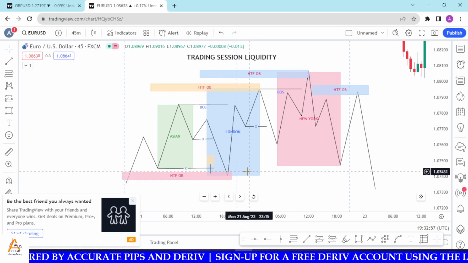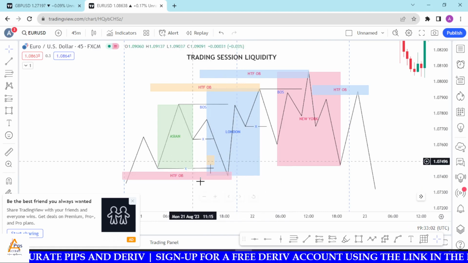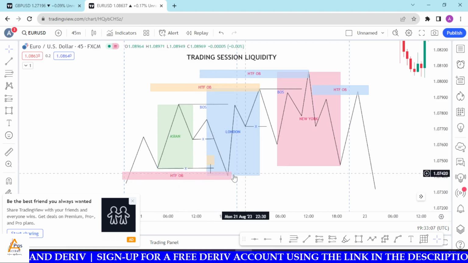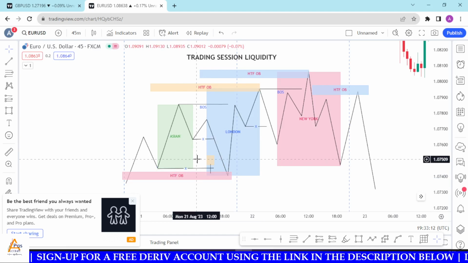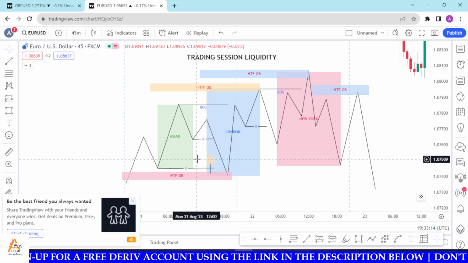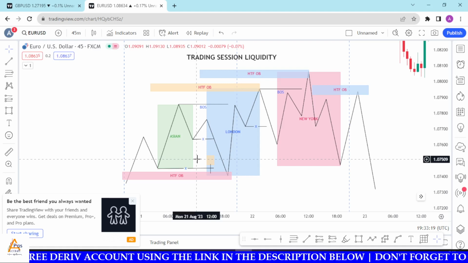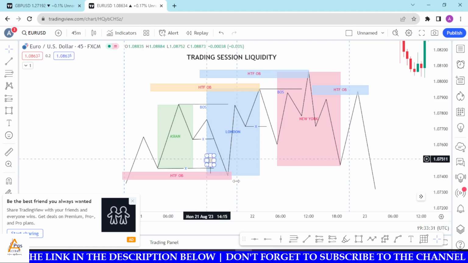If this is your 15-minute higher time frame, quickly move down to the 1-minute time frame. If this is your 1-hour time frame, quickly move down to the 5-minute lower time frame. Then you look for entry confirmation on those lower time frames, either a change of character with inducement, and then you enter, or you can look out for the single candle order block. These are things we'll be looking at under entry models, which is the next topic we'll be starting very soon.